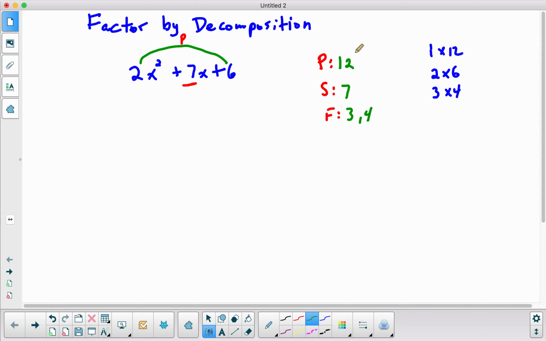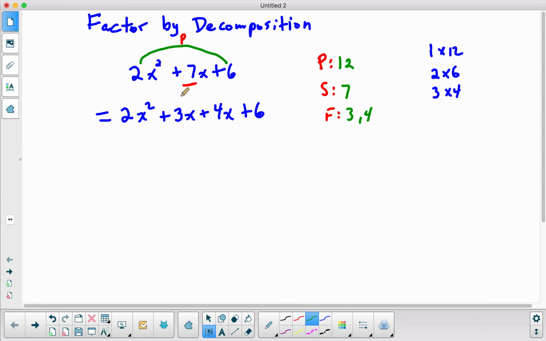Okay, so what do we do with those two numbers? That's the big thing. Here's what we do. We're going to rewrite this trinomial. So 2x squared, but we're going to break down, or decompose, this middle term using the numbers we found. You can see that we can rewrite 7x as 3x plus 4x, and then of course we have plus 6 on the end there.